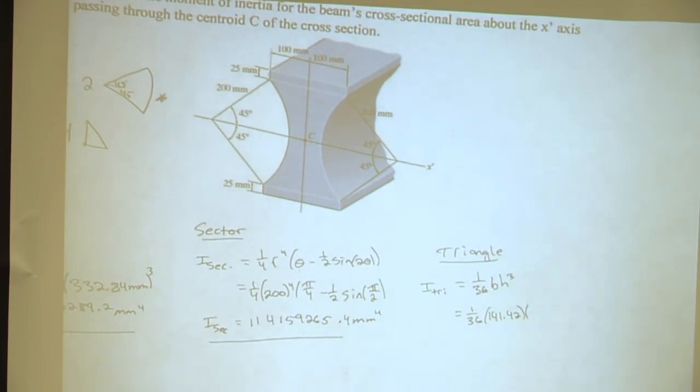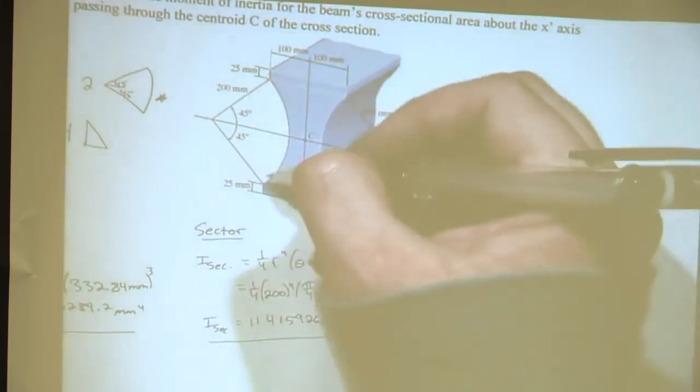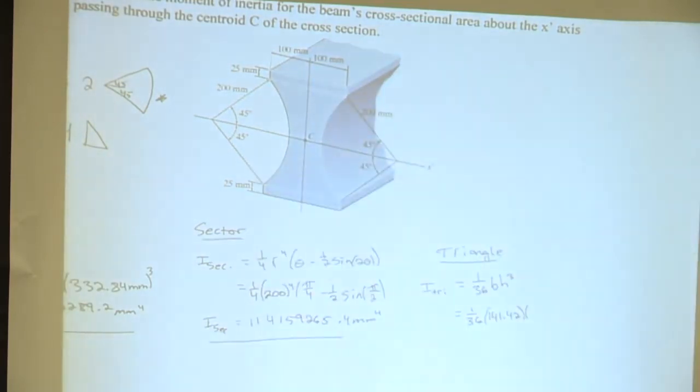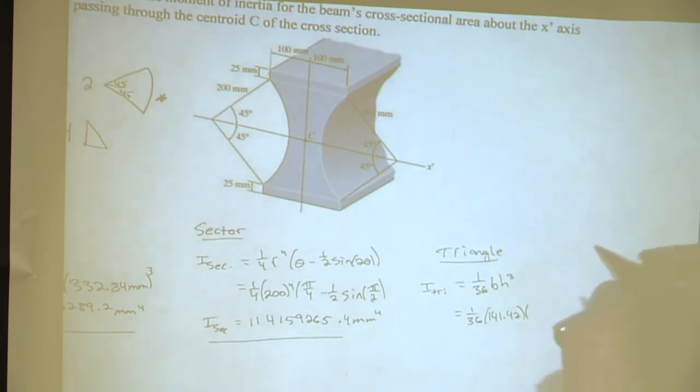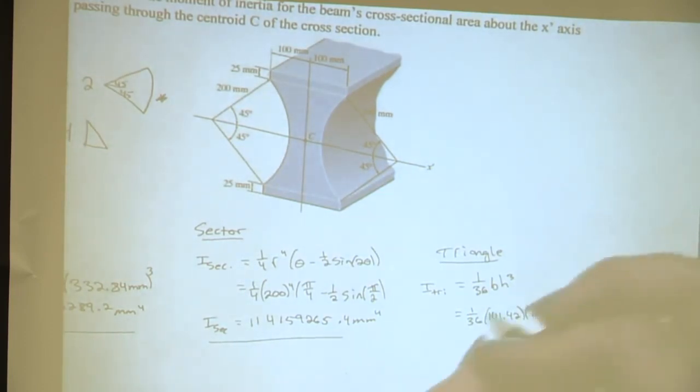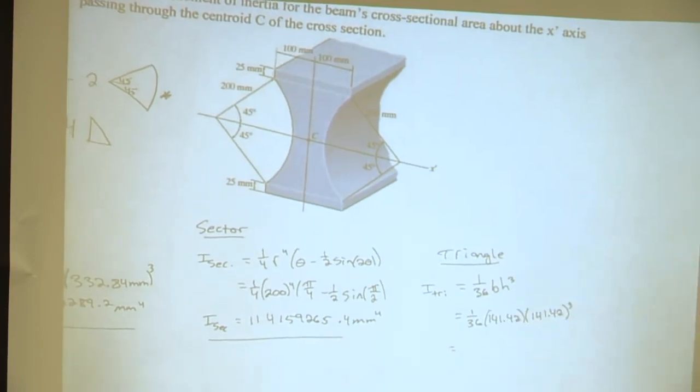We already got that, so that was 332.84? Wasn't that for both of these triangles? So for one triangle, what would it be? Same thing. Sine 45 is the same as cosine 45, so that can save you trouble if you remember that. Cubed, okay.